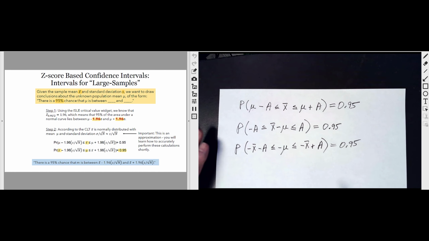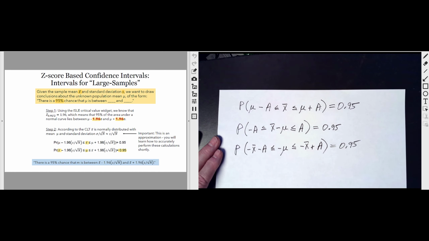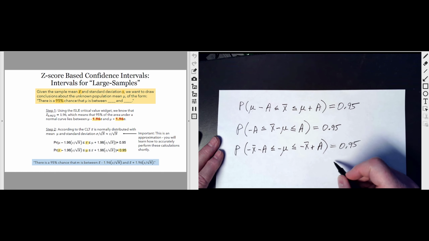Well, as the final step here, we just multiply this expression through by minus 1, and that has the effect of switching the inequalities. Let me just persuade you that that's true.